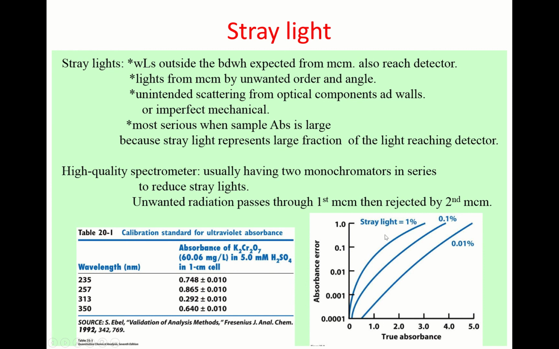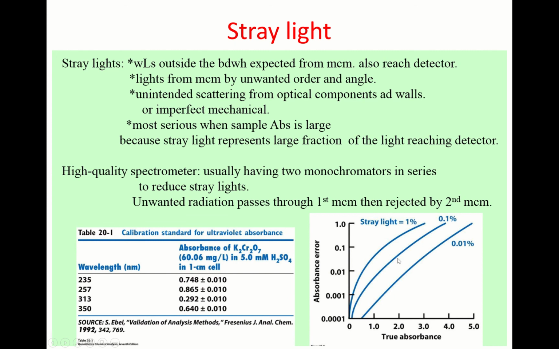But if stray light increased to 1%, at 1.0 true absorbance the error is about 0.05. That is high, so you should work at low true absorbance, maybe less than 1.0.